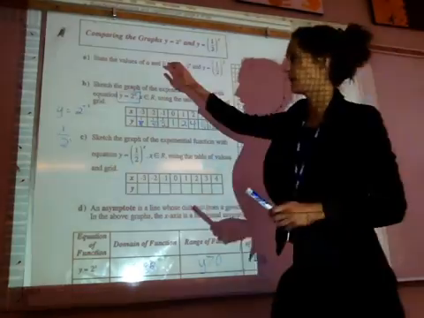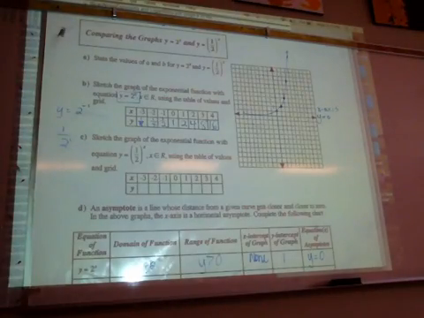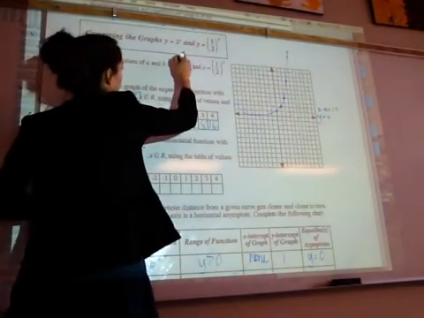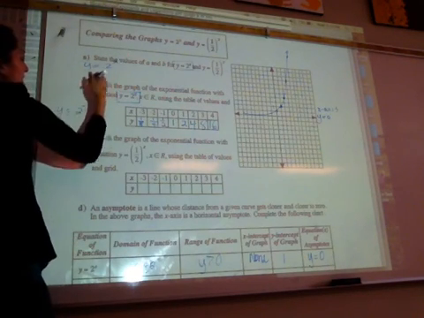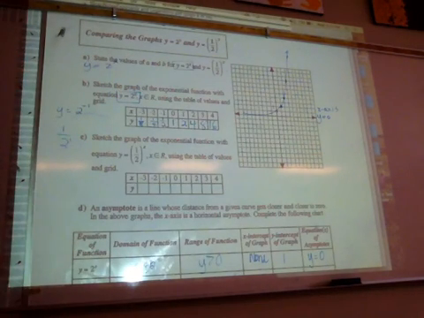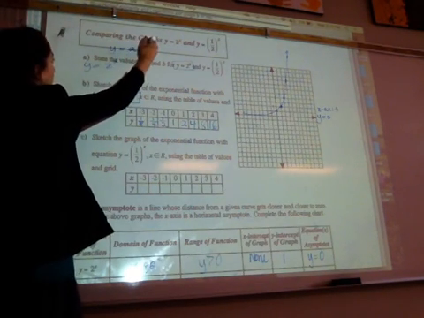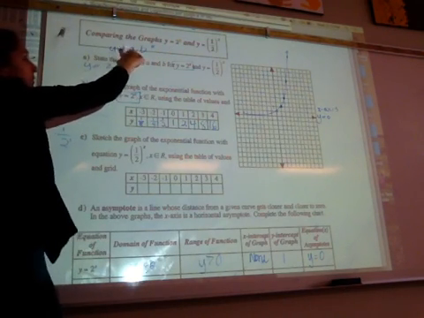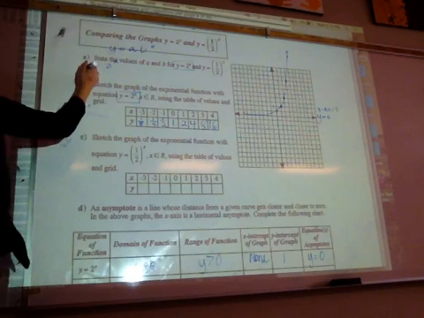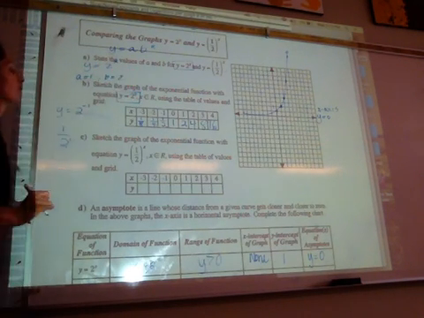Okay, I'm just going to shoot back up to a here. So it's asking us to state the values of a and b. Let's just talk about this one first. So for y equals 2 to the power of x, what's your a value? Okay, if we're starting with y equals a times b to the power of x, we have 2 to the power of x. What's in front? 1. Okay, a is 1. What's your b? 2.